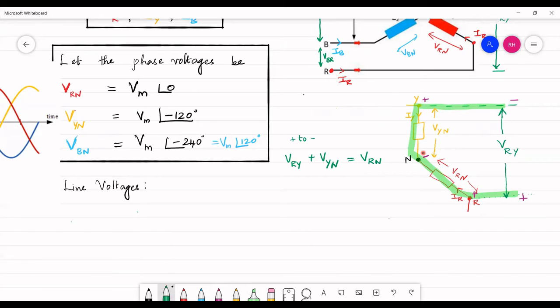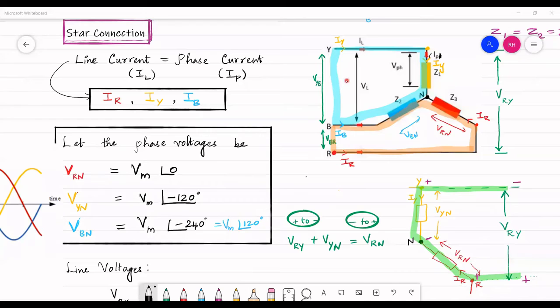This is because when I move in the direction shown, moving from plus to minus, we see a voltage VRY, and while traveling from plus to minus, again we find a voltage VYN. But while crossing this element, you travel from minus to plus, and hence it is written on the other side. So now we switch the sides and write the expression as VRY is equal to VRN minus VYN.